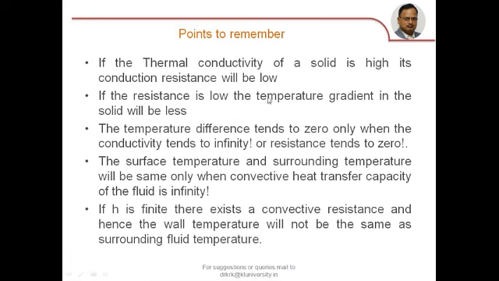For example, you take a copper rod and a wooden ruler. Hold the copper rod at one end and keep the other end in the fire. The temperature at the end in the fire increases.